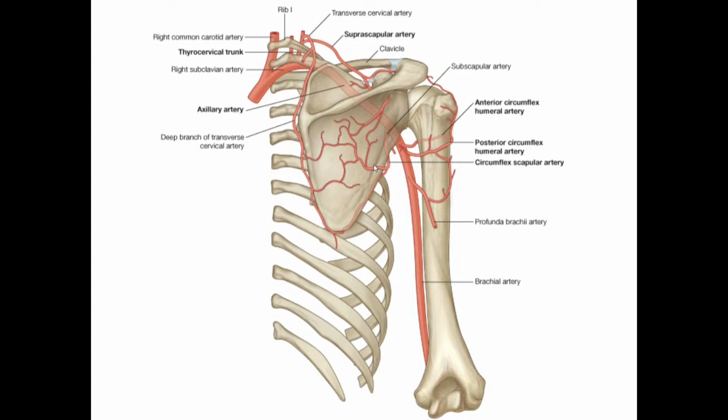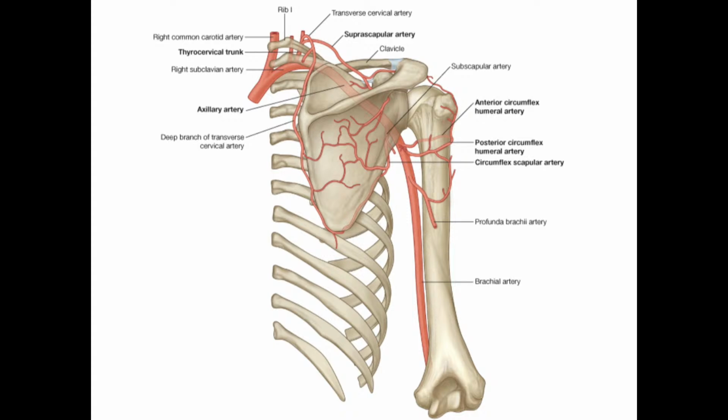And I also mentioned the circumflex scapular artery, this one here. All these three arteries, in this case I'm counting the circumflex humeral artery, anterior and posterior, as one artery. We have three major arteries that supply the posterior part of the scapula, right?